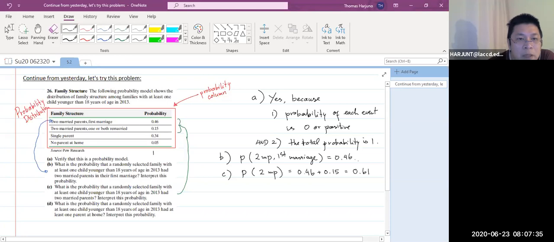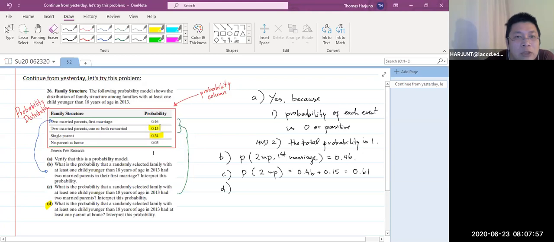Part D, what is the probability that a randomly selected family with at least one child younger than 18 years of age had at least one parent at home? At least one parent at home refers to two parents plus one parent.